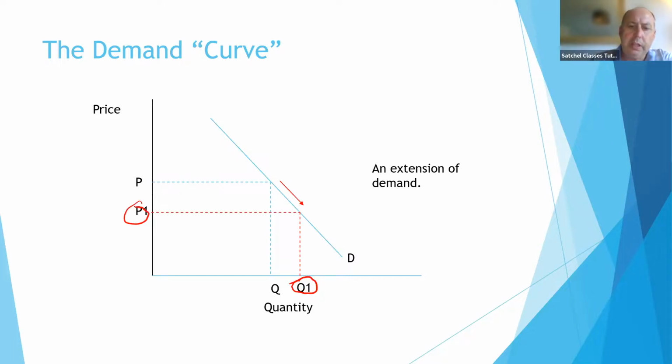We can see we've drawn an arrow here showing how demand has extended along the curve. So the price has dropped, P to P1, quantity has increased from Q to Q1. So that's the quantity demanded of that product. Price fallen, quantity demanded has gone up.